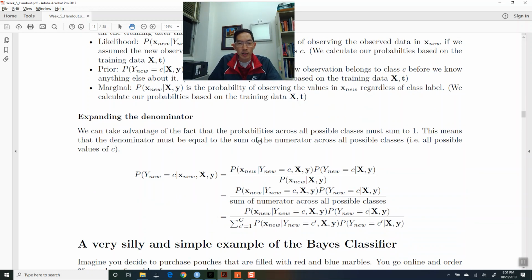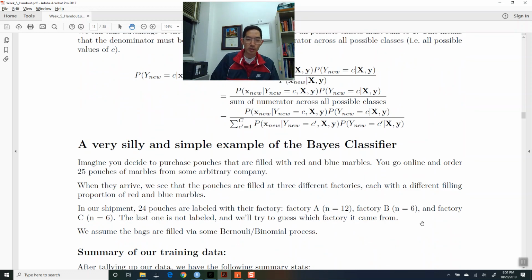So as far as expanding the denominator goes, we can just say this bottom part is going to be the sum of the numerator across all possible classes, which, if we wanted to write mathematically, would be written this way, okay? It's the numerator, X nu given Y nu given X and Y times this, but we're going to do it across all possible classes.